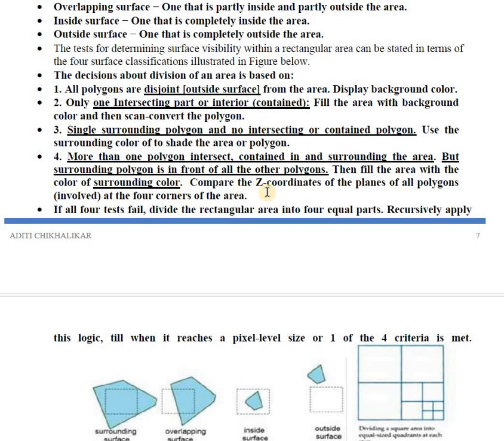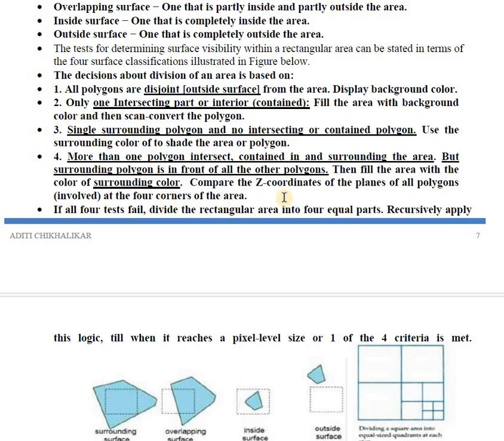We are comparing the z coordinates. So even if certain polygons are partially inside or completely inside, but the third polygon is on top of all these polygons, then obviously the polygons below will not be visible anyway. Your work is sorted.